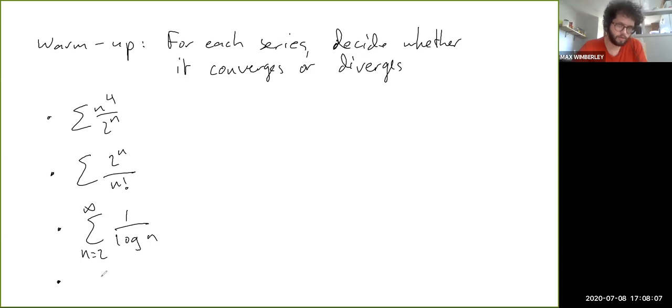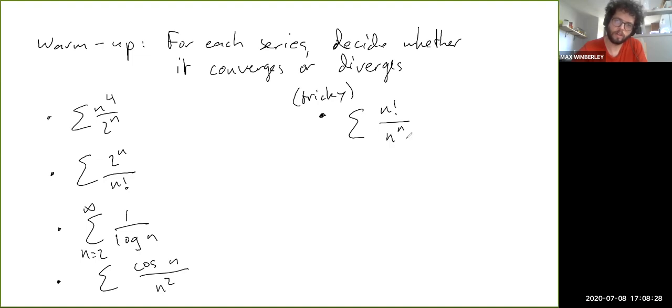The next one is the sum of cosine of n over n squared. And then the last one, which is a little bit tricky, is the sum of n factorial over n to the n.